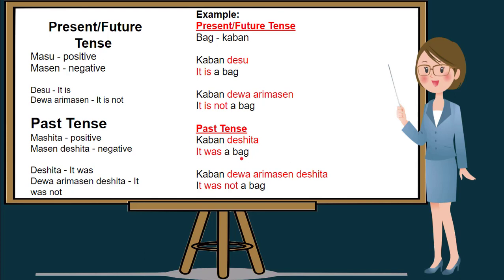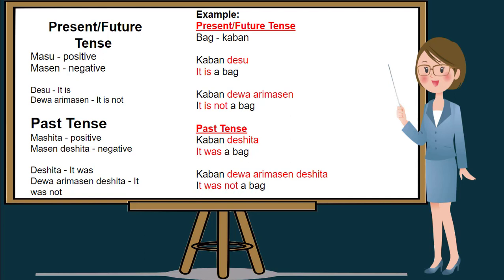Now let's try to make this positive past tense into a negative past tense. In order to make a negative past tense sentence, we will be using dewa arimasen deshita. So in this sentence, kaban dewa arimasen deshita. In English, it means it was not a bag.